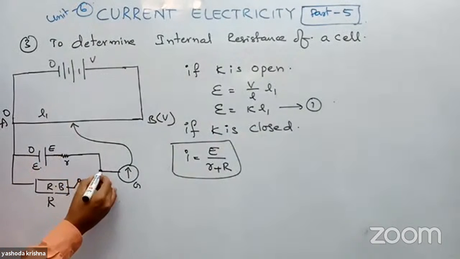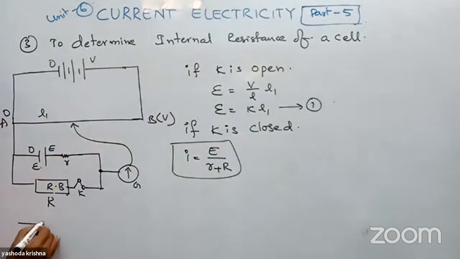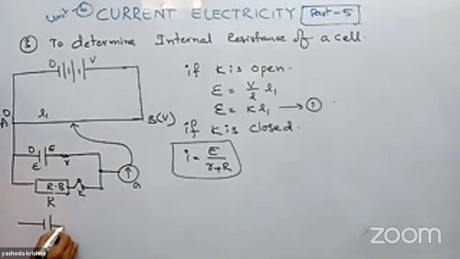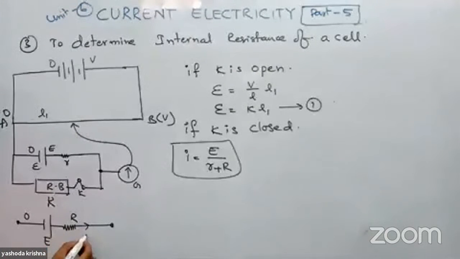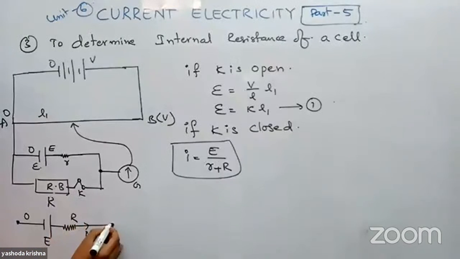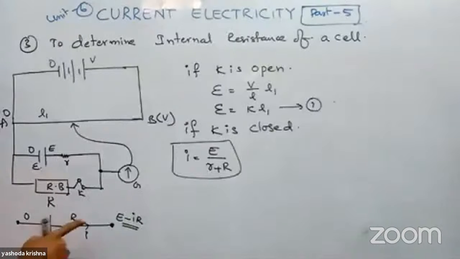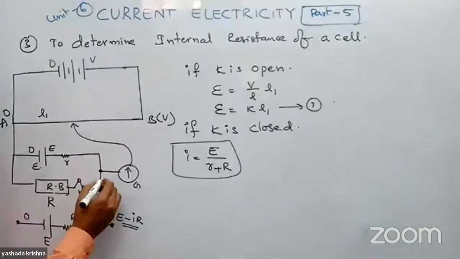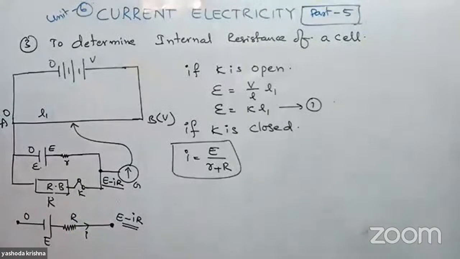Total current I. How much is the potential drop at this point? The battery E is there, and the internal resistance drops I r. So the potential drop is E minus Ir.